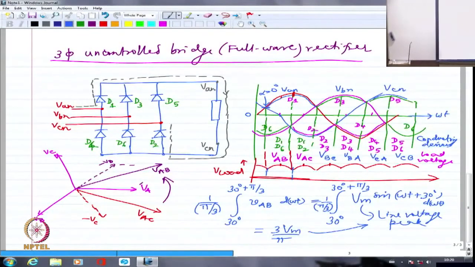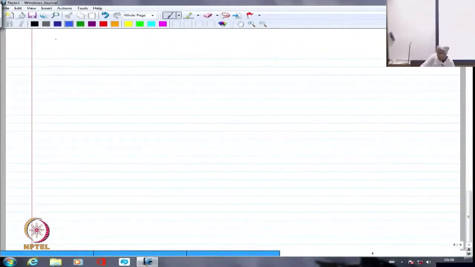Before we progress to fully controlled 3-phase rectifier, let us try to compare slightly the single phase case and the 3-phase case. In single phase case, when we drew the voltage waveform, it was something like this. It would go from the peak until 0 like this.